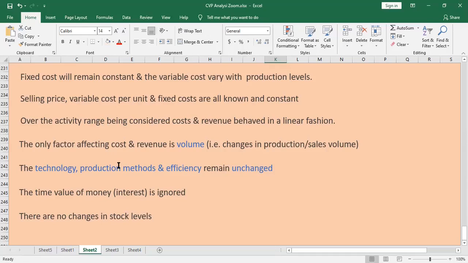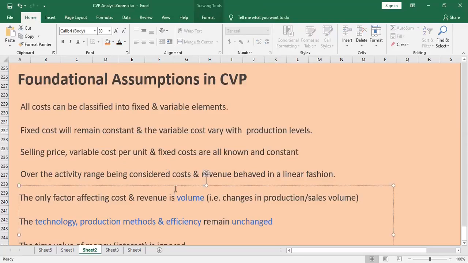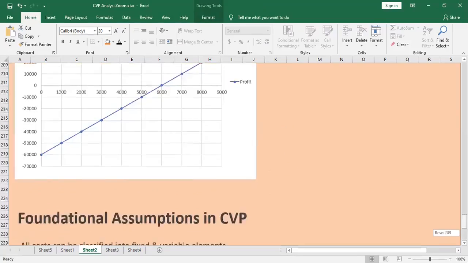So those are the fundamental assumptions that we will have to be careful about when we are making short term decisions based on this cost, volume, profit, or CVP analysis. So that is CVP analysis.